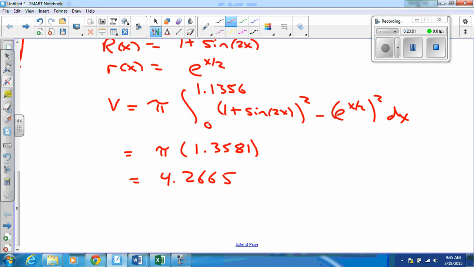Which one is right? Both. That's right. Either way of doing it is fine. The hazard in not packaging the pi in your integral is sometimes people will forget the pi. So that's the reason I just put the pi into the integrand.